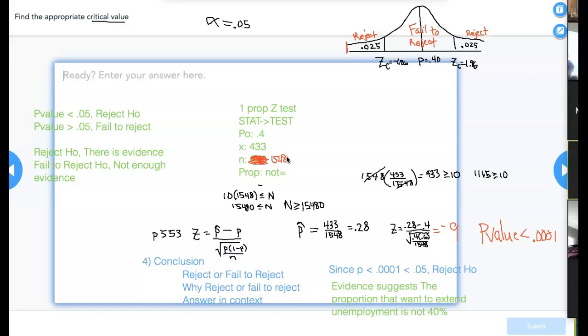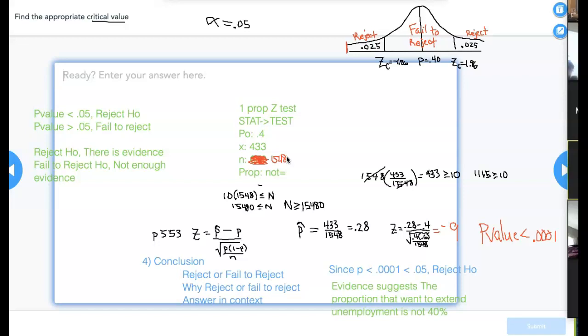All right, so we see that p-value. This is testing if it's equals and not equals. Well, I'm going to take this one step further. I think that 28% actually is less than 40%, right? So we would have to go through the whole statistical test again, and write our hypothesis statement again.